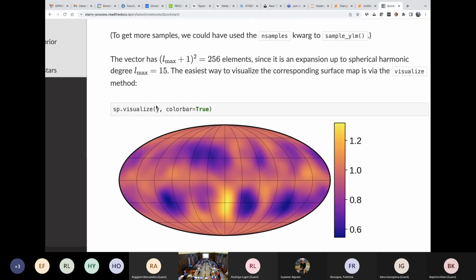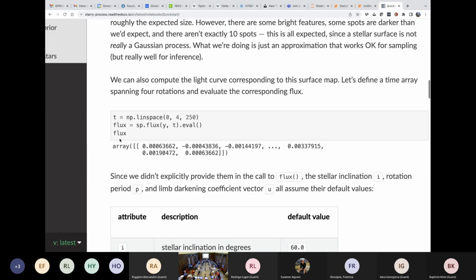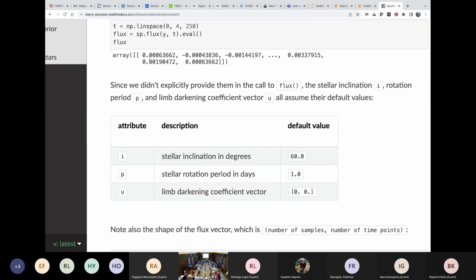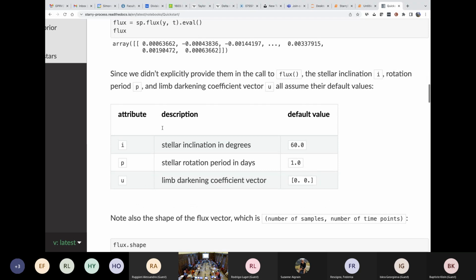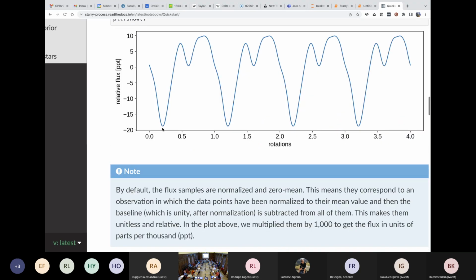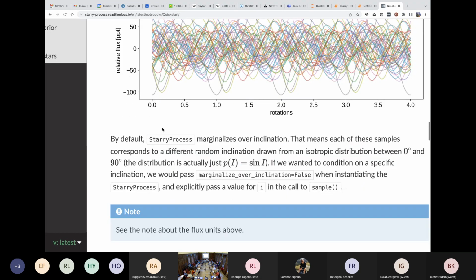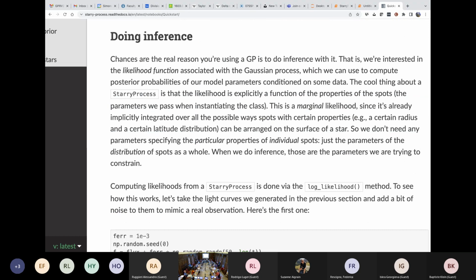But basically there are instructions here on how to sample from the Gaussian process, how to compute the flux from those samples. So that's just sampling from a Gaussian process, conditioning on some stuff. Those are 50 samples. But then the interesting part is the inference, right? If I'm actually given a light curve, I want to learn what the Gaussian process parameters are.